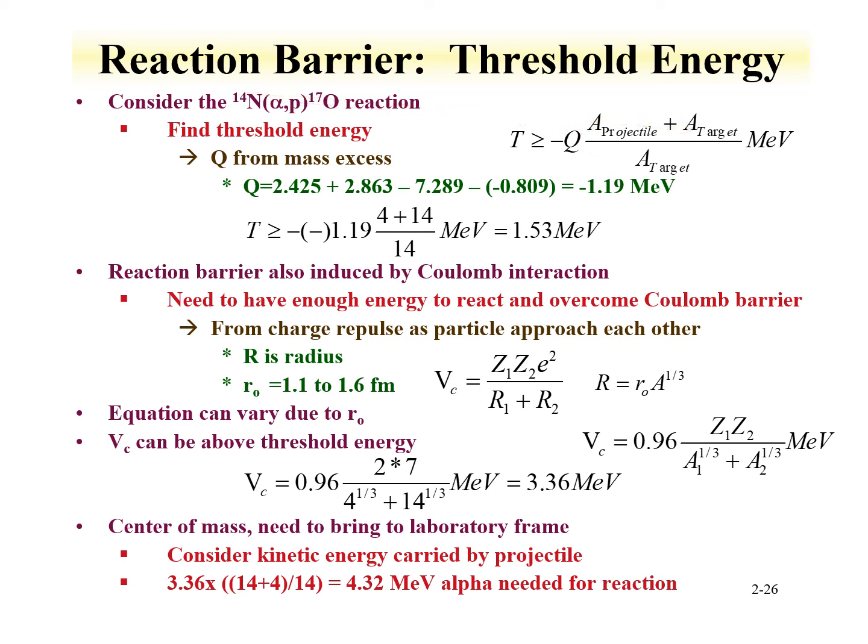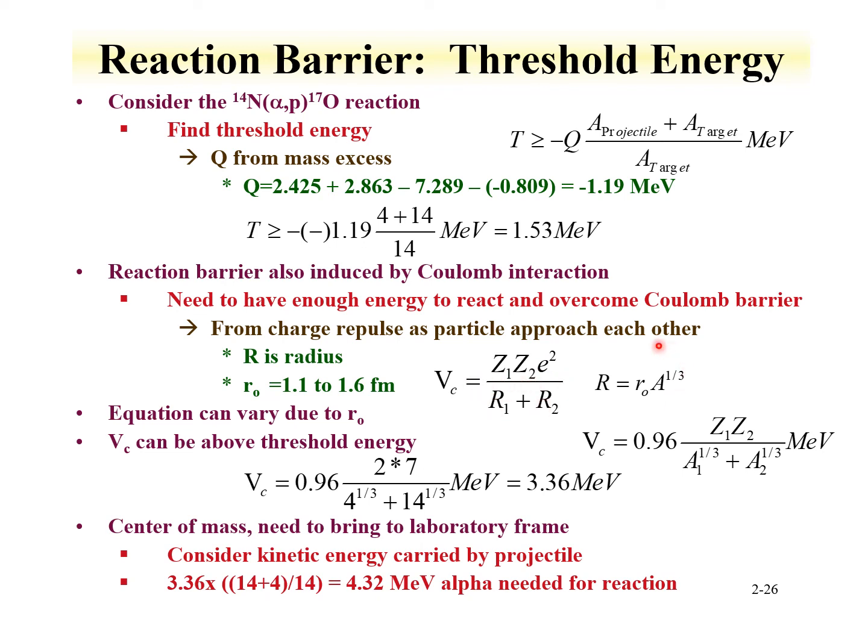The Coulomb barrier is the charge interaction that we need to overcome to get the two particles right next to each other. The Coulomb barrier comes from the fact that I've got to take these charged particles and bring them into contact. So the equation for the Coulomb barrier is listed here as a function of the charges, and this is our term describing the charges, divided by the radii.